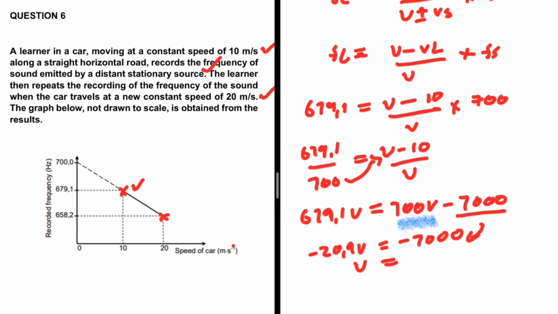I was surprised, my answer was not making any sense, because I first wrote 700 instead of 7,000. So V is equal to 334.93 meters per second. And there we go. We have our speed of sound in air.